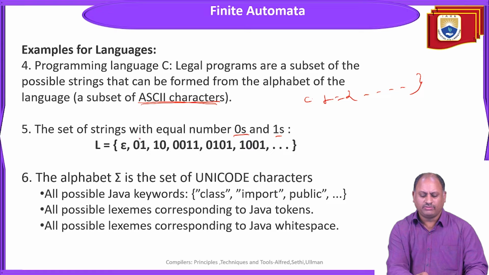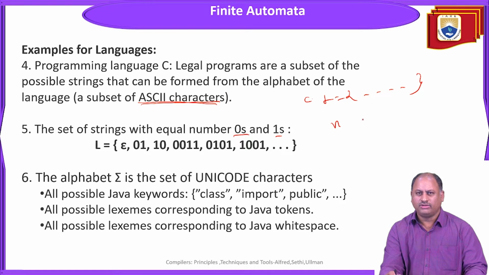Another example of a language is equal number of zeros and ones. In the previous one we have seen n zeros and n ones. If n equals 1, that means 0 1; if you put 2, also 2.